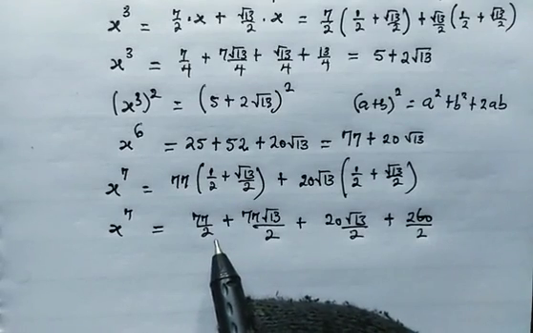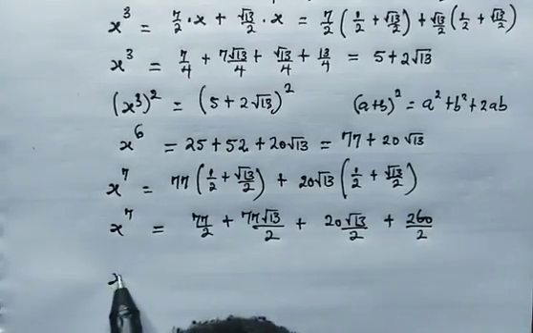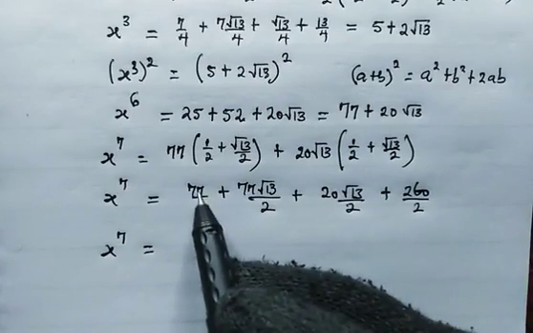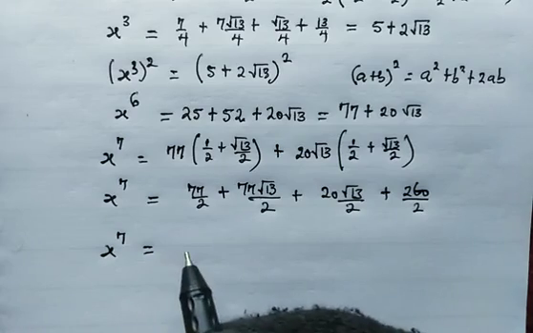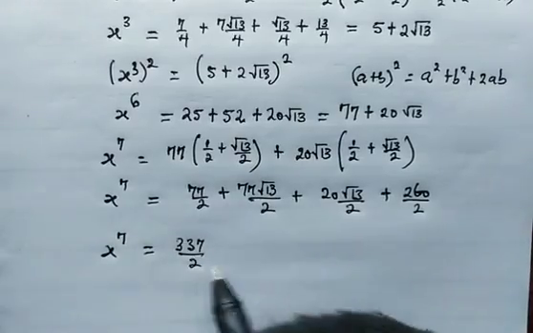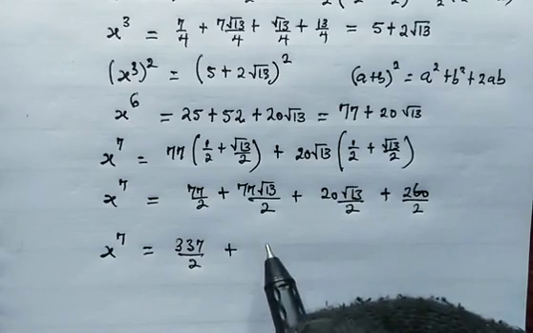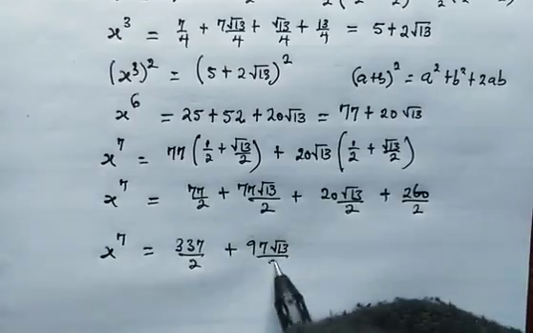So thank God we have the same denominators, so we can sum up the numerators. So here 77 plus 260 will give us 337 over 2. Then plus 77 root 13 plus this, that will give us 97 root of 13. Amazing.